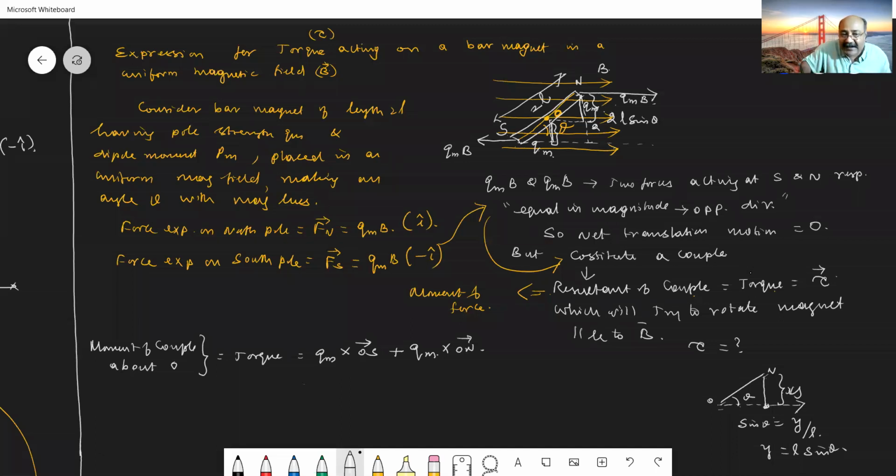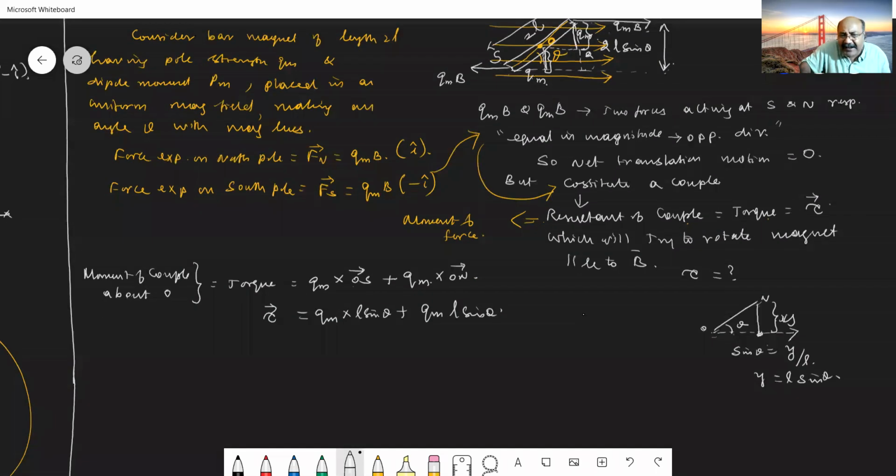So the torque, tau vector, is equal to QM into OS, which is nothing but L sin theta, plus again QM into ON. Similarly, we can calculate OS as well as ON, which is also equal to L sin theta. So the total distance between the two forces, the perpendicular distance between the two forces, is equal to 2L sin theta.